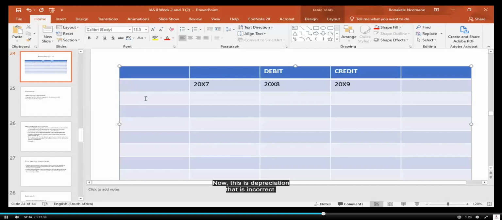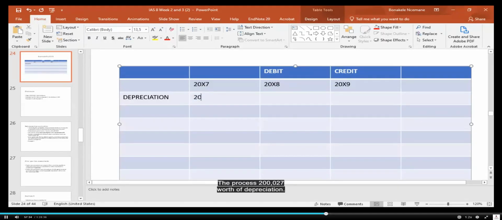Now, this is depreciation that is incorrect, or let's say partially, because we may find that there's no difference, or the difference is the actual error that needs to be corrected. So that's what I'm trying to say.